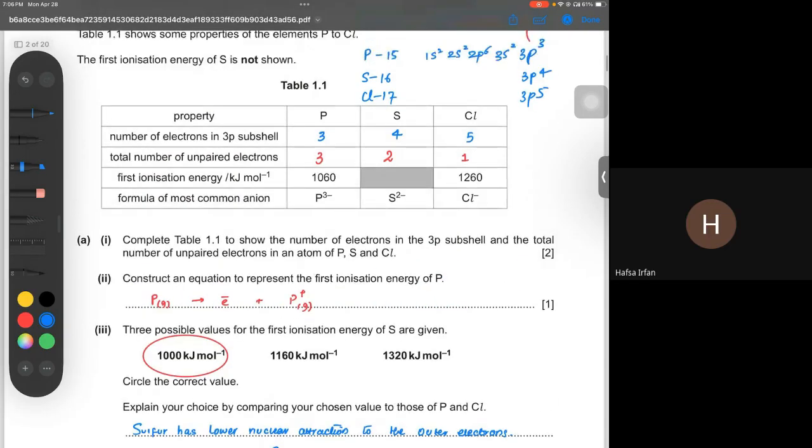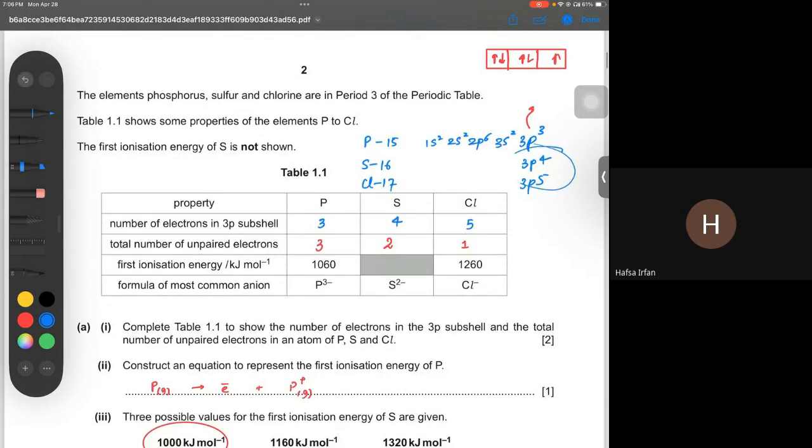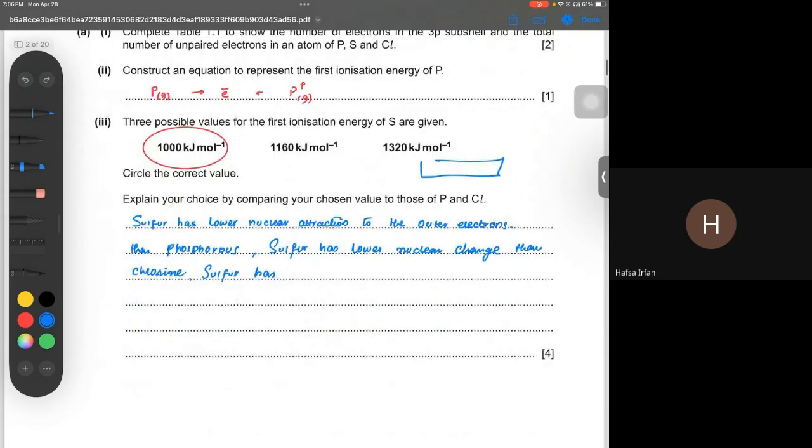The electronic configuration of sulfur is 3p4. 3p4 means that it would be just like that.